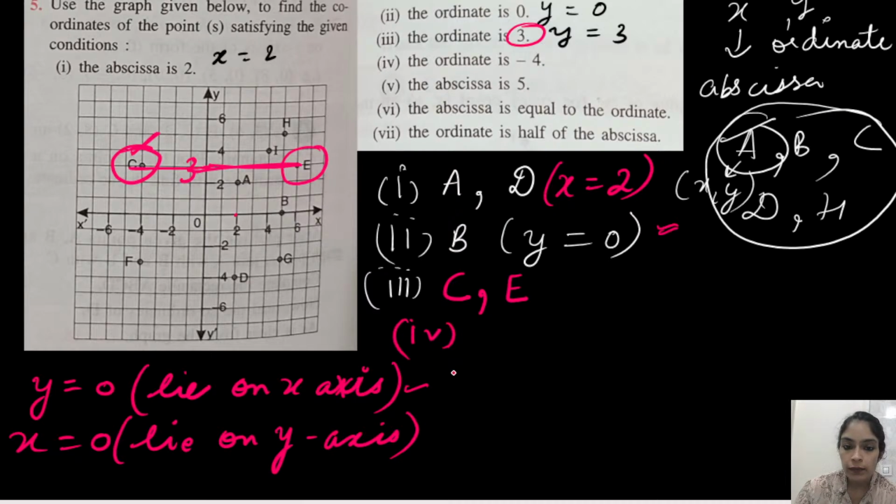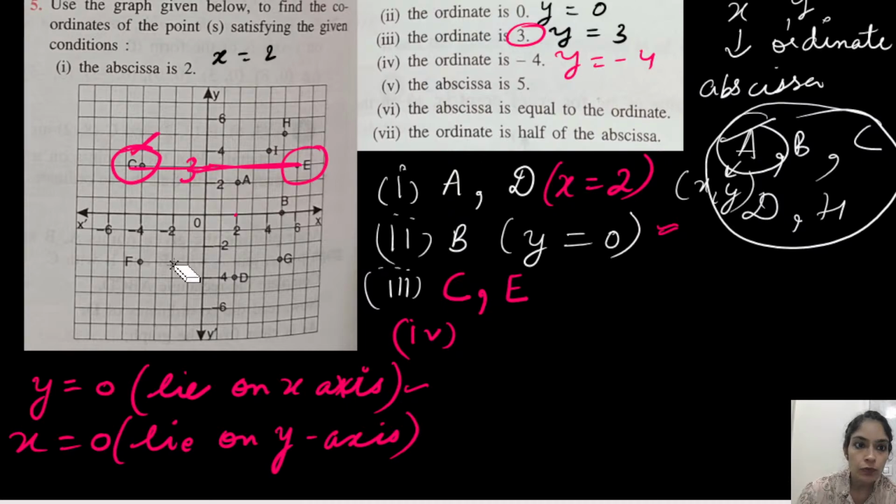Let's do the fourth one. Ordinate, that means y's value is equal to -4. Now the same concept we will do. Where do I have -4? -4 means it is on the lower side of the y-axis. So here I have -4. You can see I'm just circling it. Let me use a different color.